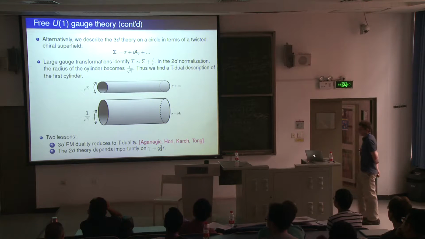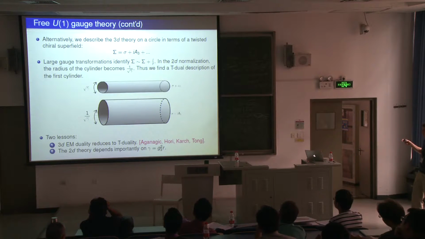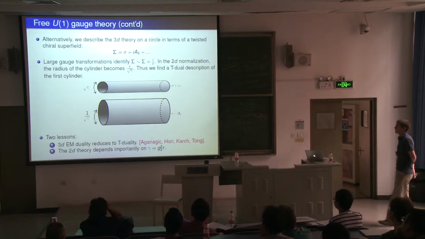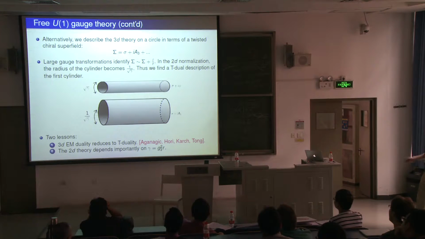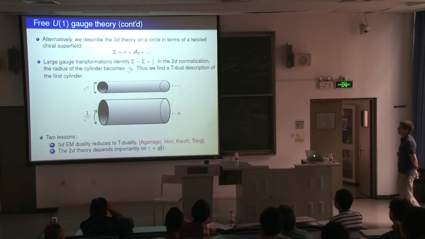But this 3D theory on a circle has an alternative description where we express things in terms of the third component of the gauge field, or in other words, the holonomy along the circle, which becomes a scalar in 2D. And it is identified by large gauge transformations, so it's also periodic, but you can work out that its radius is actually 1 over the square root of gamma. So we have these two descriptions that we obtained from 3D, which are equivalent.